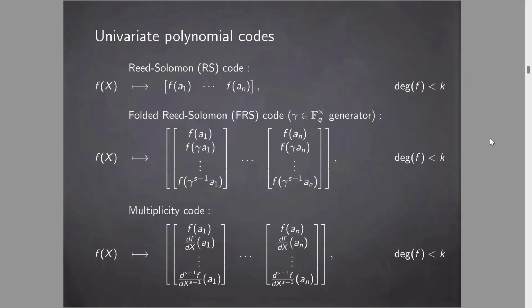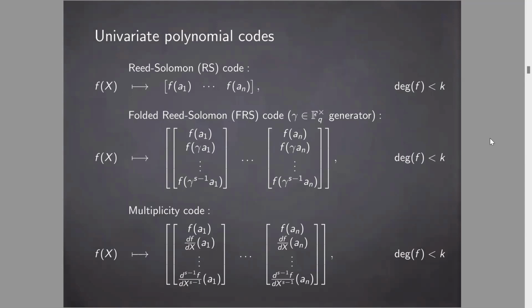There are natural variations of the Reed-Solomon code which pack in more evaluations within a single block. And two canonical such constructions are the folded Reed-Solomon code and the multiplicity code.